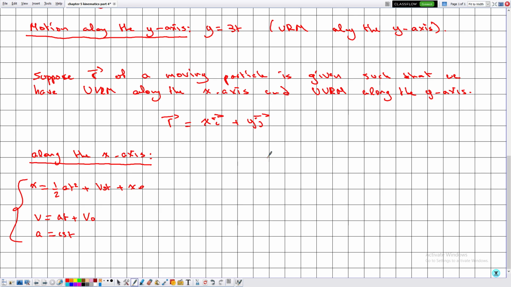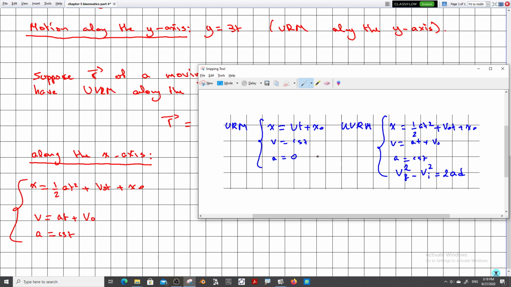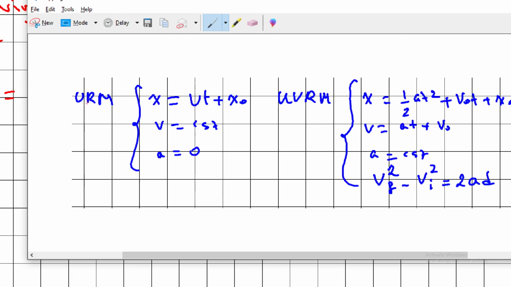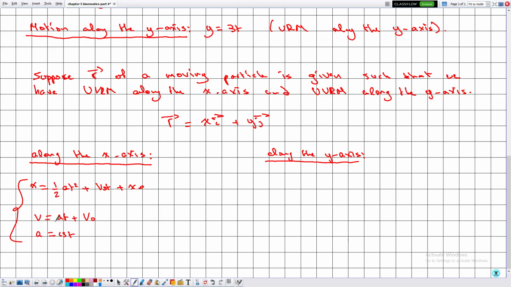Now as for the y-axis, the type of motion along the y-axis is UVRM, and we know the equations of UVRM are exactly these. But because we are considering the y-axis, let's change the label x to y.